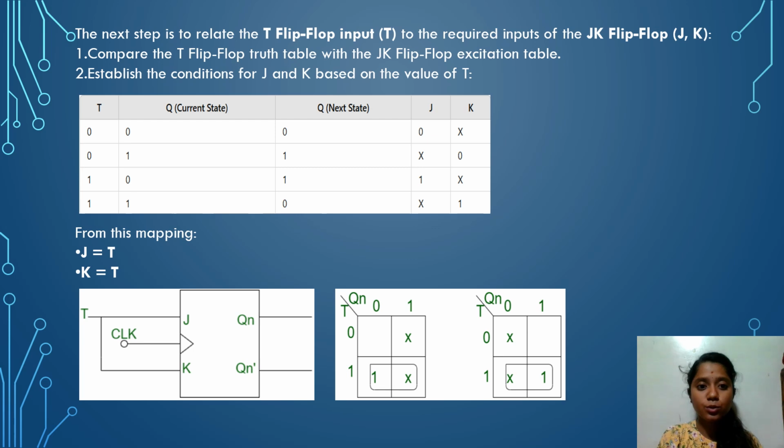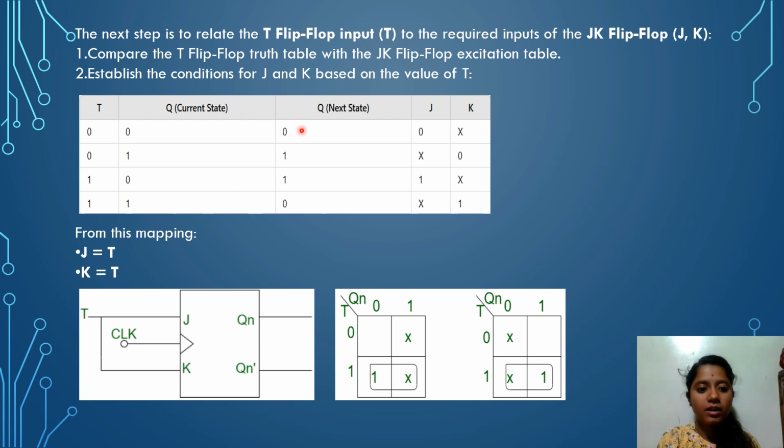The next step is to relate the T flip-flop input to the required inputs of the JK flip-flop. Compare the T flip-flop truth table with the JK flip-flop excitation table. After this, establish the conditions for J and K based on the value of T. So after comparing, we will get the truth table as shown here.